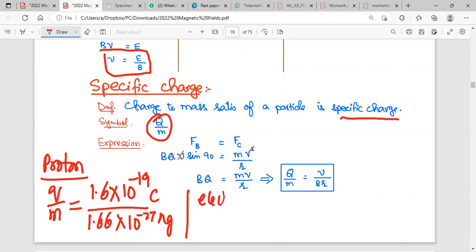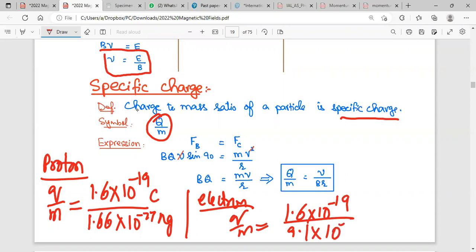If you want to get charge to mass ratio for electron, you have to write the charge on electron, which is the same as charge on proton, but the mass of the electron is very less. So that's how you get charge to mass ratio.